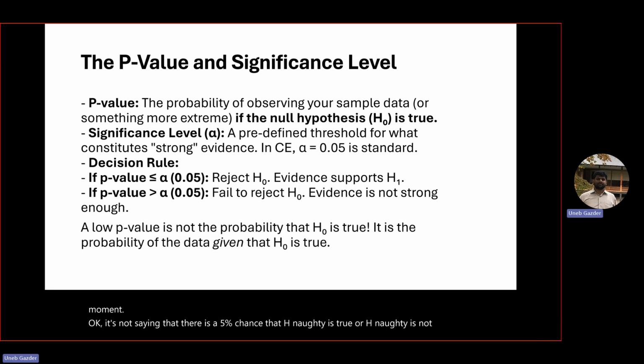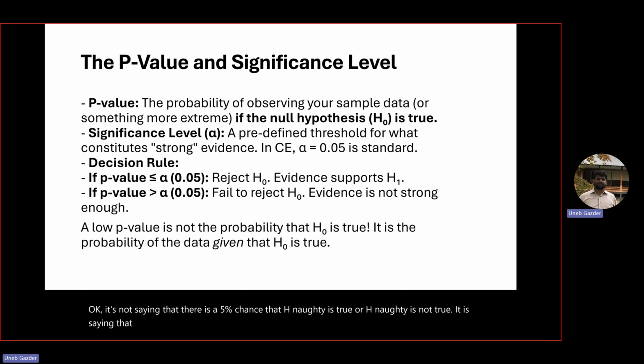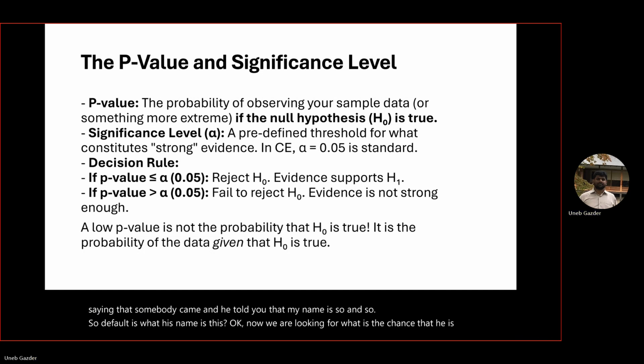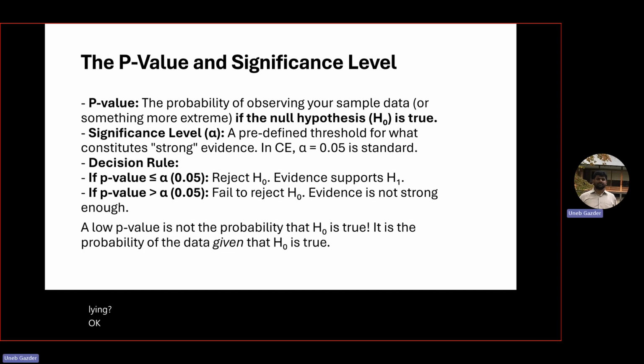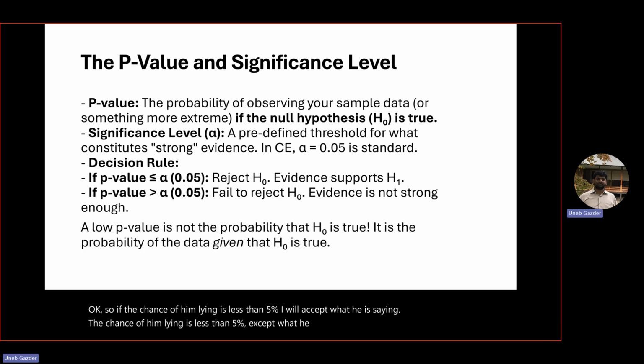It is saying that somebody came and told you that his name is so and so. So the default is that his name is this. Now we are looking for the chance that he is lying. If the chance of him lying is less than 5%, I will accept what he is saying. If the chance of him lying is more than 5%, I'll look for some other things. I cannot trust him, basically.